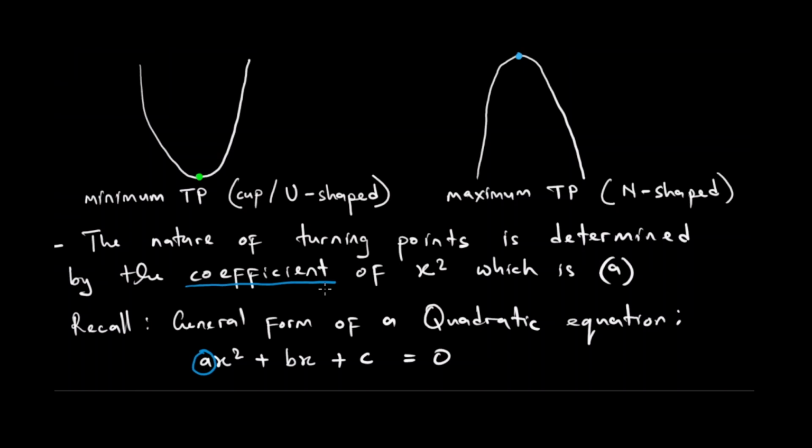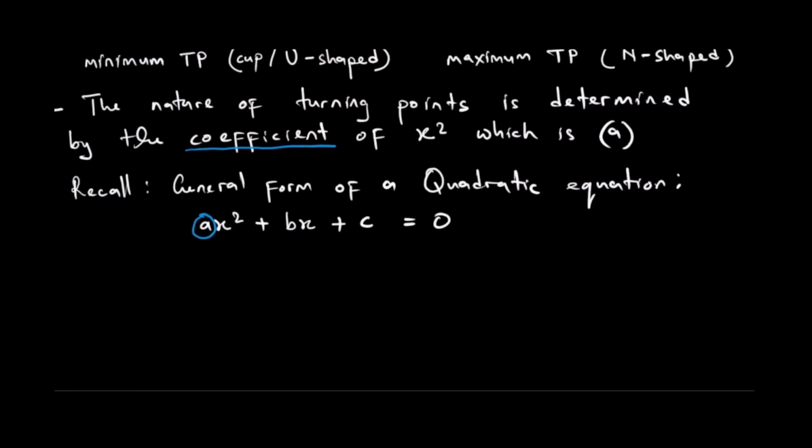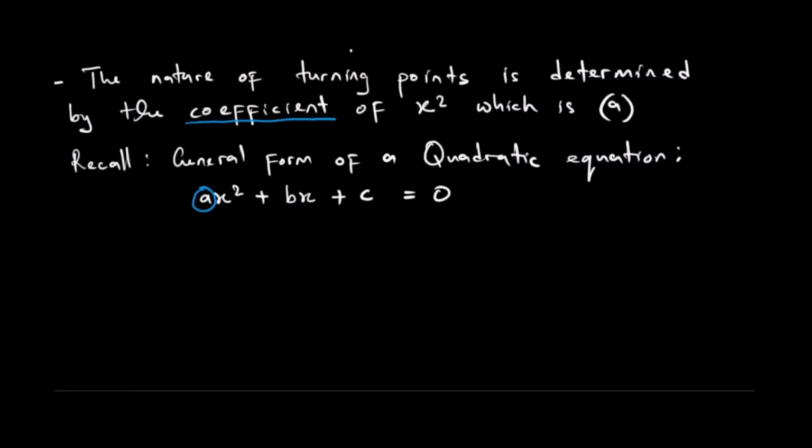But how does it do it? Taziva kuti ndi A, taziva kuti coefficient ya x squared, but zvinombofamba sei? Kuti ti understand kuti zvinofamba sei, we have to put this note down. We have a minimum point, kana kuti we have a minimum turning point when A is positive.